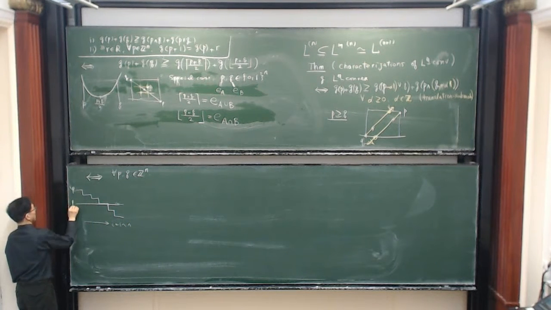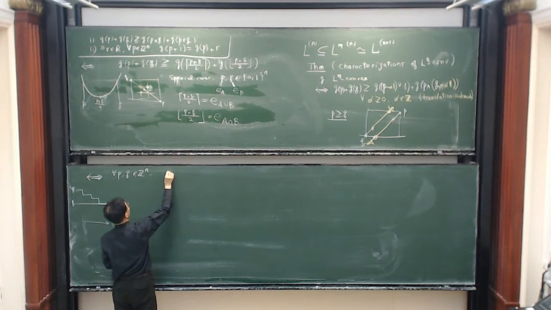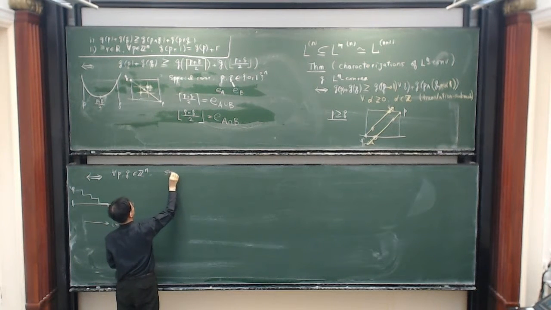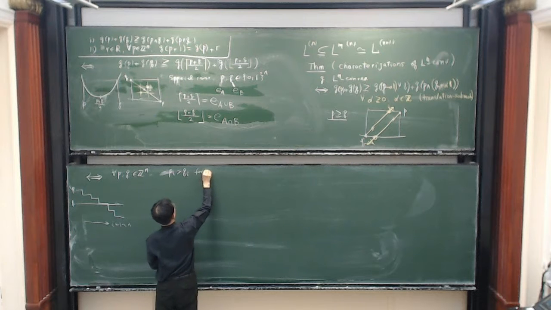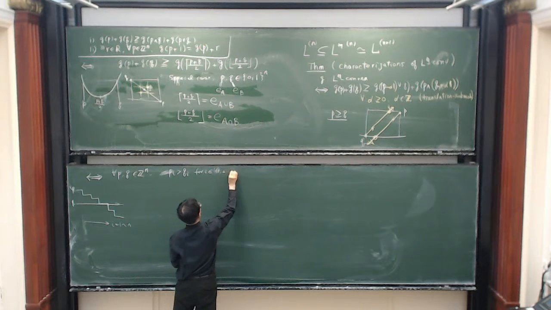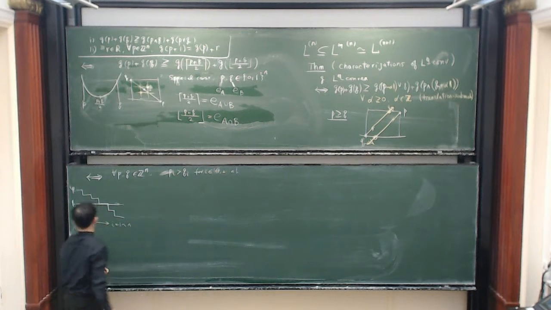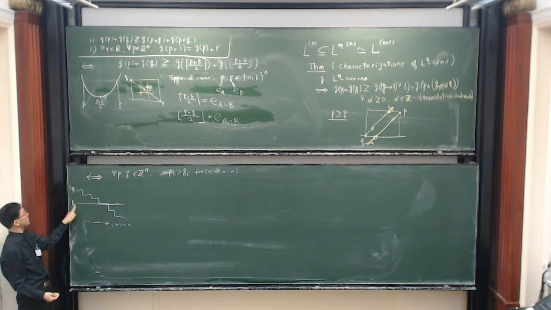This is P and this is Q. And suppose that Pi is bigger than Qi for some i. Okay, so at some coordinate, P is bigger than Q, this assumption.